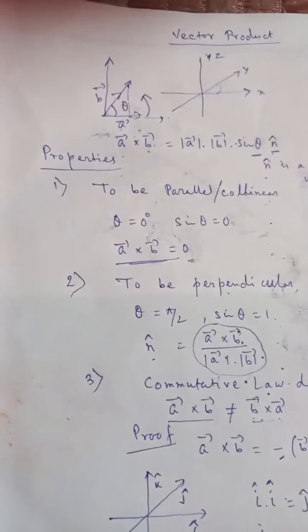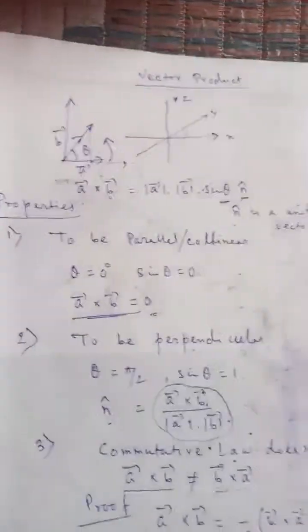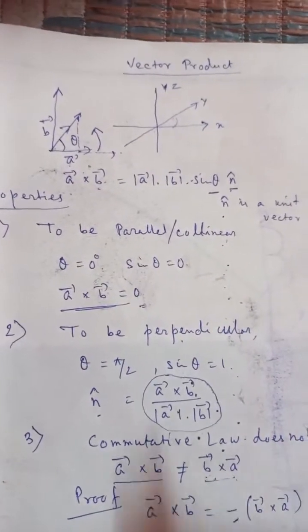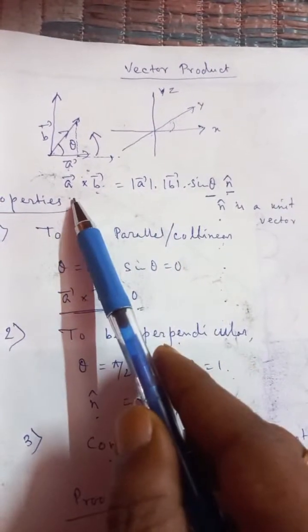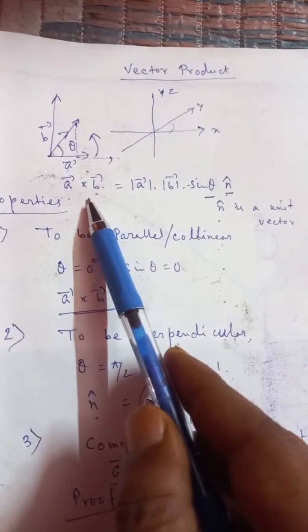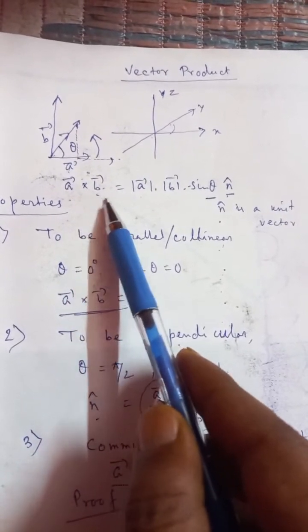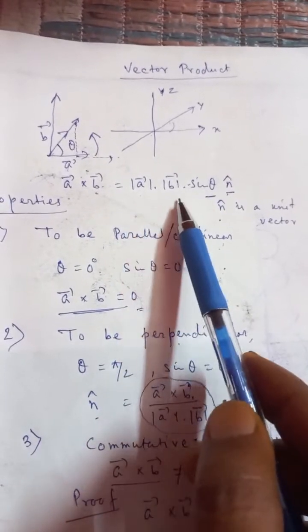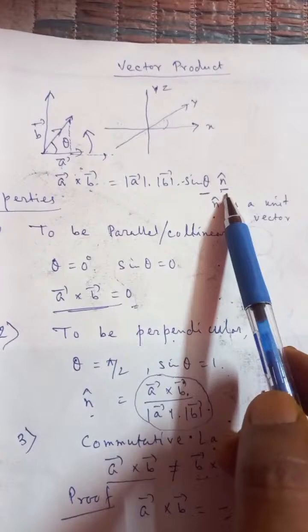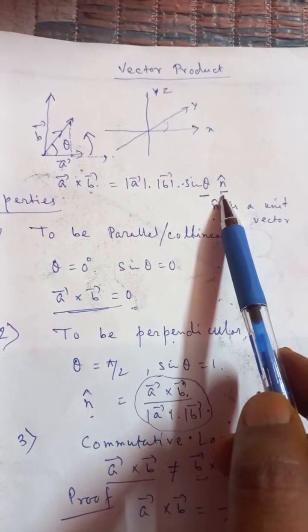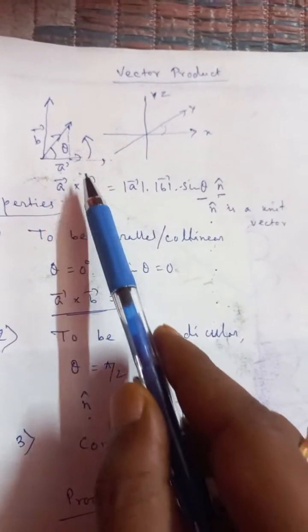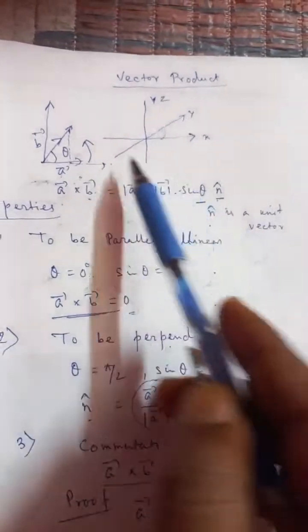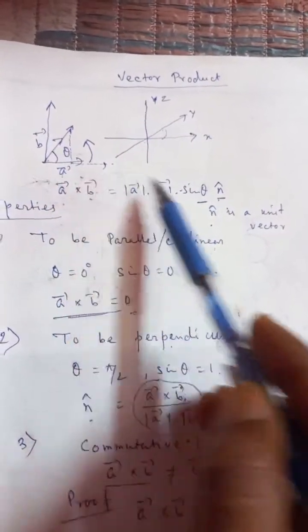Now I have discussed the vector product also. The vector product, A vector cross B vector, will be mod of A vector times mod of B vector times sin theta, and an n cap unit vector that works in the direction perpendicular to the plane where the two vectors are applied.